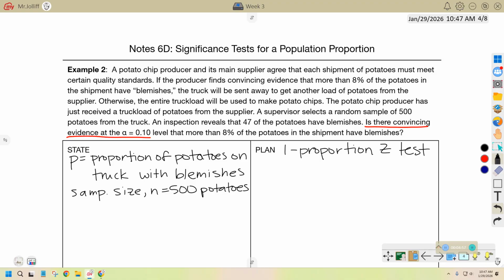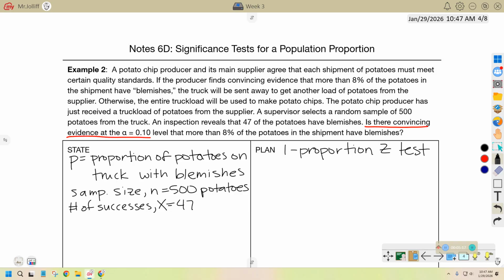Excellent. Somebody other than Marilyn, another number from the problem. 47. What does 47 represent? Number of successes. Very good. You just got to speak louder with confidence.